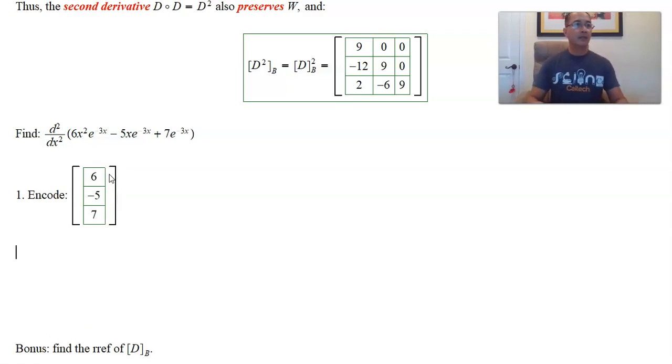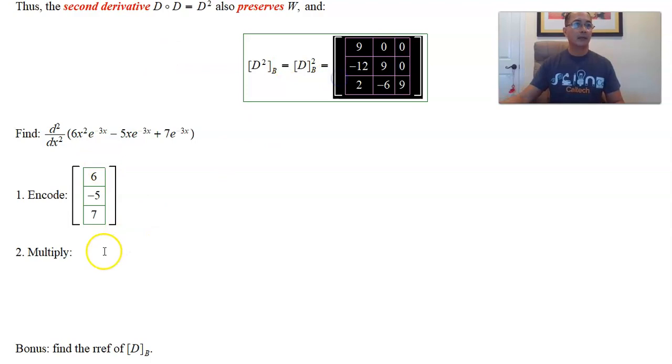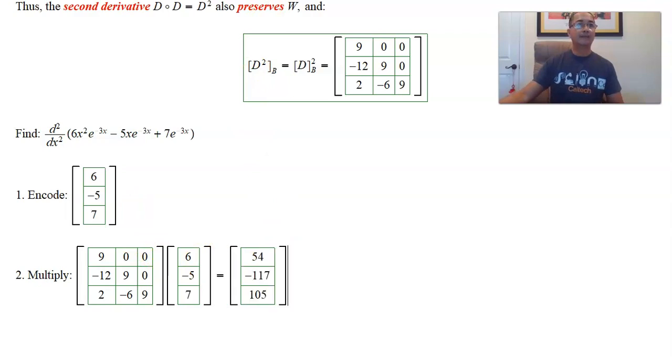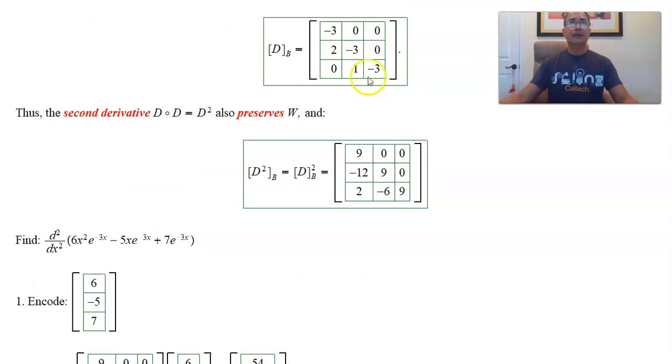Okay, next step, multiply. So take our matrix, multiply by this, and we get, there you go. Oh, by the way, I forgot to mention last time. Notice that the matrix for the derivative is lower triangular.